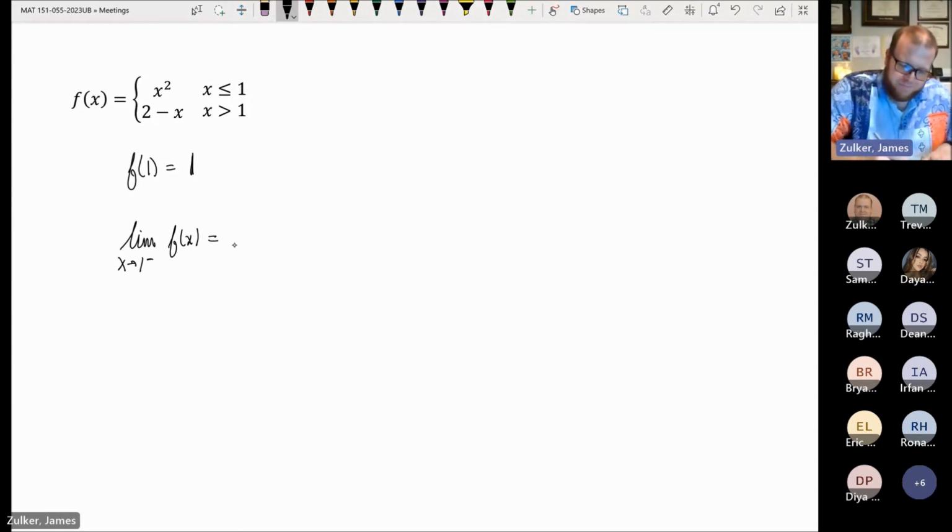Check the left-handed limit. If we're coming into 1 from the left, that means we are less than 1, so we use the first piece. That limit is 1.